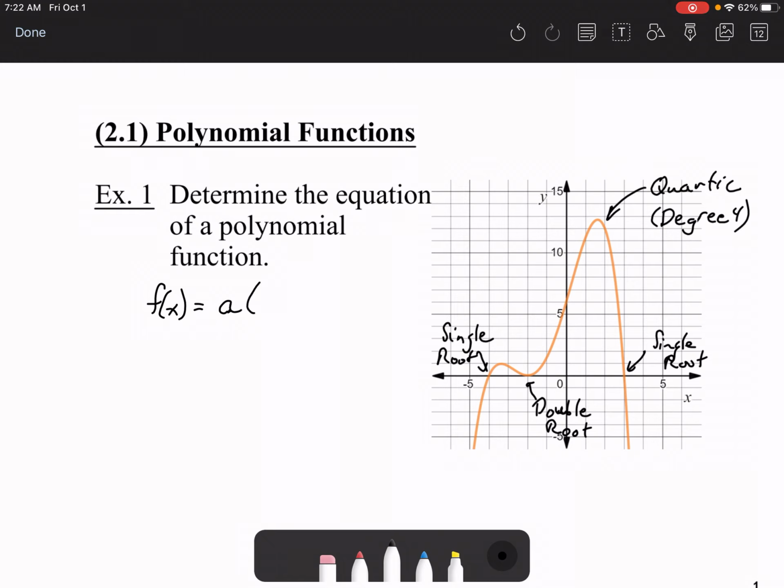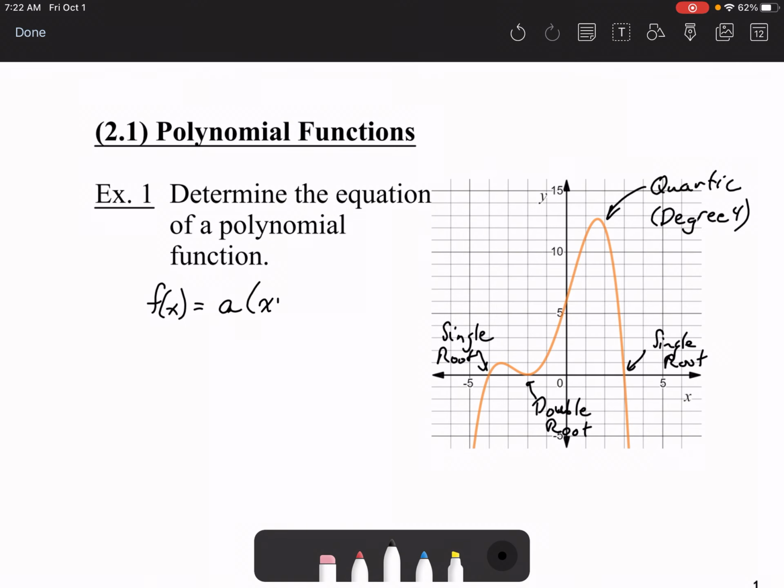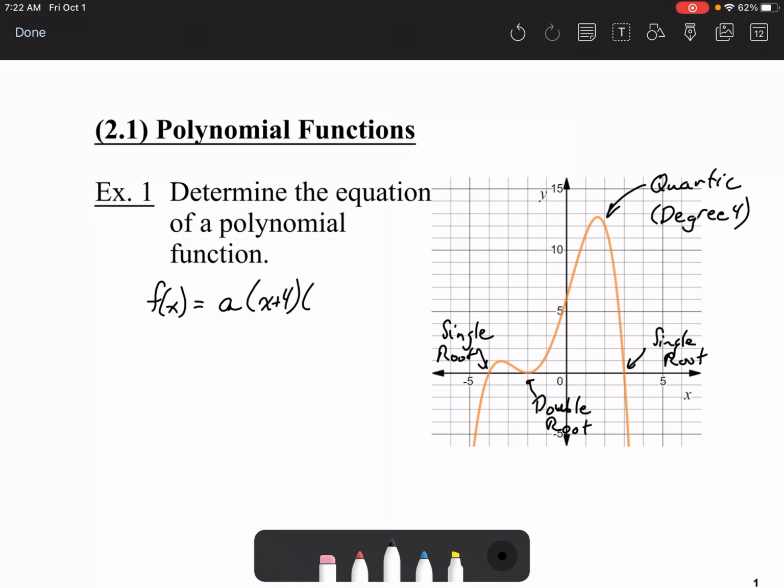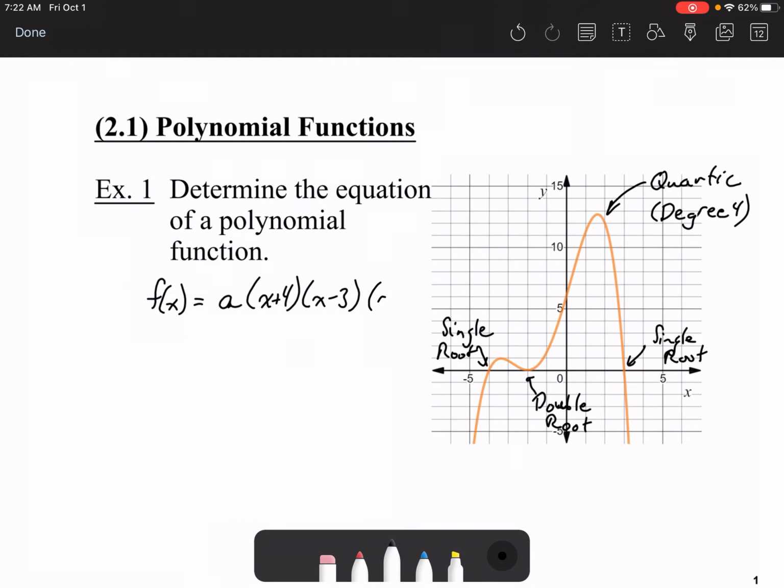But I do know one factor could be x plus 4, because it goes through the 0 at x equal to negative 4. Also has x minus 3 as a factor, because it goes through x equal to 3, and also goes through, or touches, x equal to negative 2. So that should be x plus 2, and because it's a double root, we call it squared.